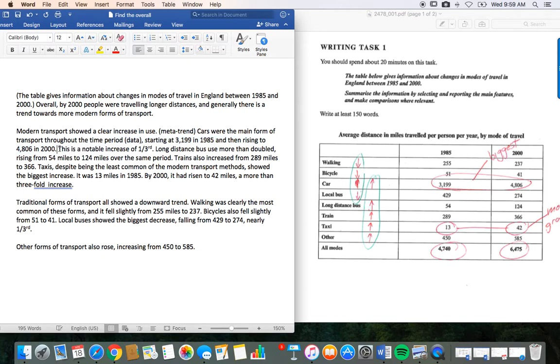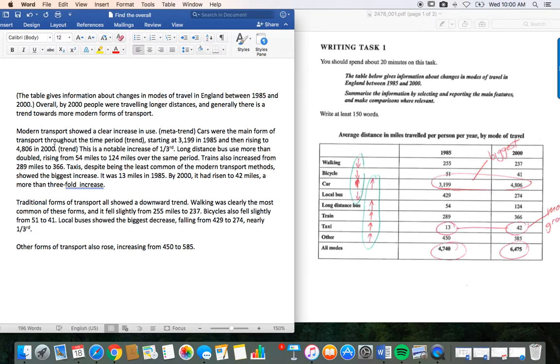All right, good. Now I've got trend. And I just realized I've made a mistake there. So pardon me. We've got trend and data. All right, so you started with this. Cars are the main form, trend. Then data. All right, so just watch out for that.